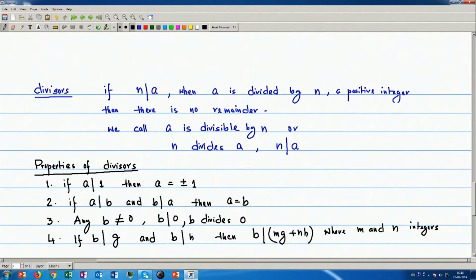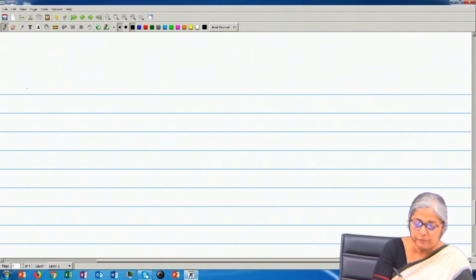So, we can explain that fourth property, because properties 1, 2 and 3 are very trivial, and all of us know that. So, we just explain property 4.